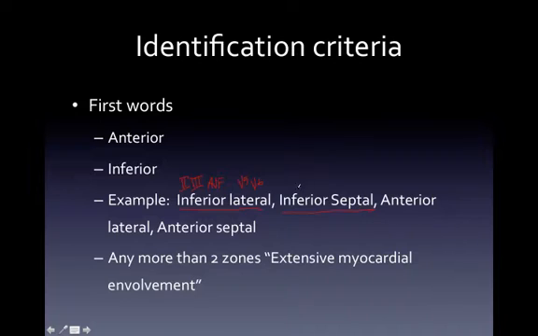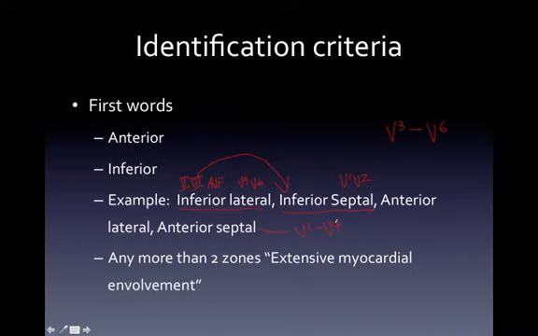Inferior septal, 2, 3, and AVF, V1 and V2. Anterior lateral, V3 through V6. 1 or AVL would also work in this. Anterior septal, V1 through V4. We're going to do some of these here in just a second.